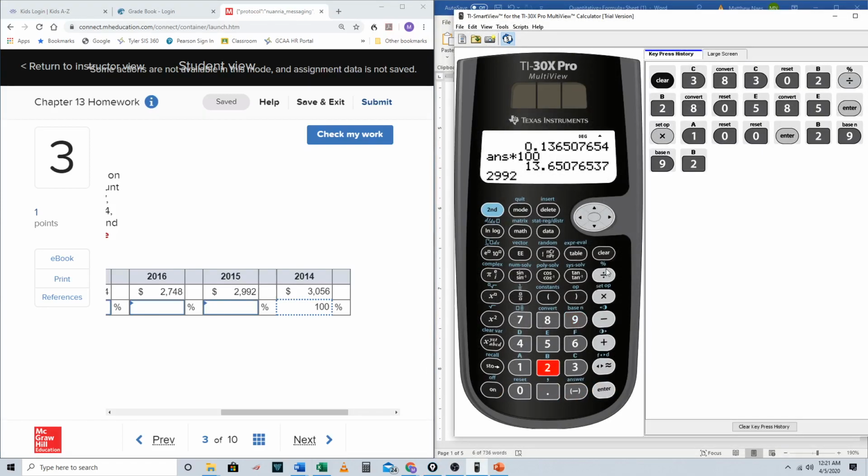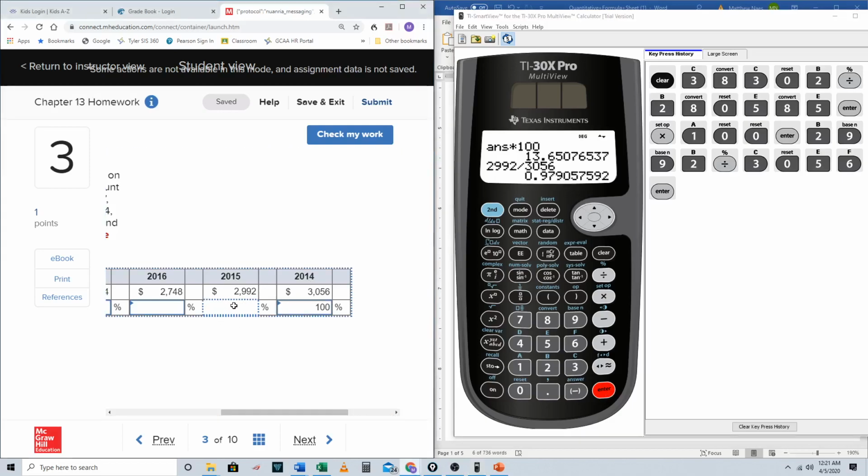Now, what I'm going to do here is take 2992 and divide it by 3056. A lot of people would say, all right, 0.979, I'll round to 0.98, and it changes it to 1. If it ever changes any of your answers to 1, that means you forgot to change it to a percent first.